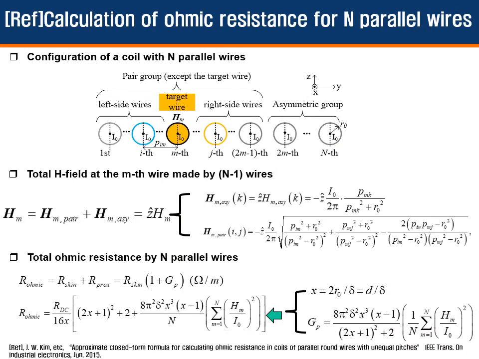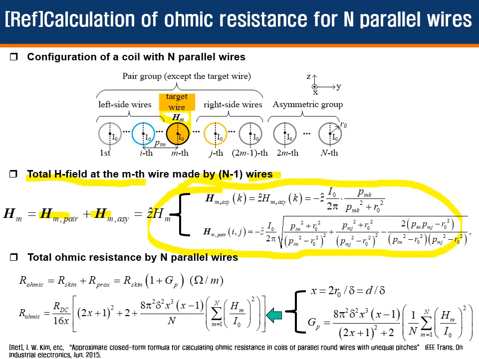Now let me explain how to obtain the total H field at the mth wire made by the M wires. Hm is the sum of Hm pair, which means the symmetric case, and Hm asymmetric case. Total Hm can be expressed as follows.